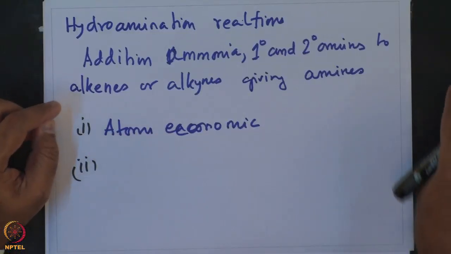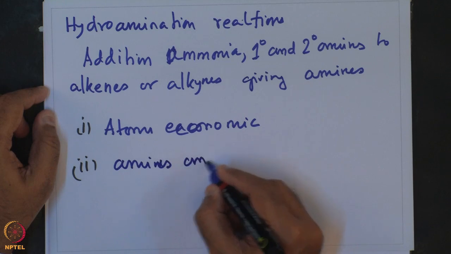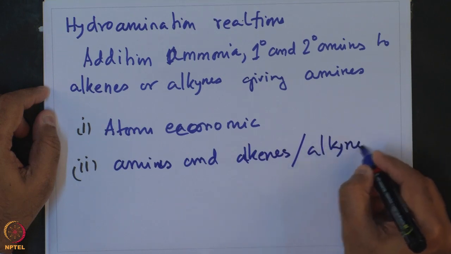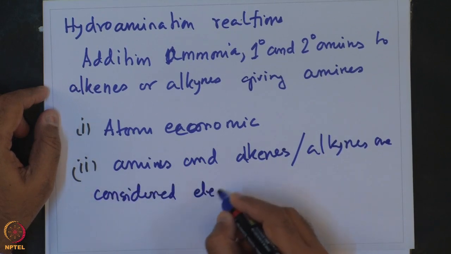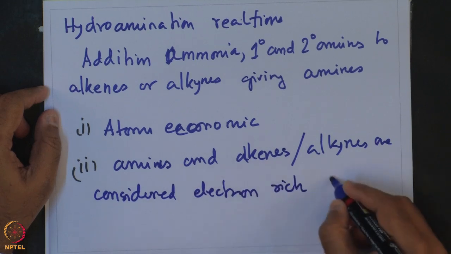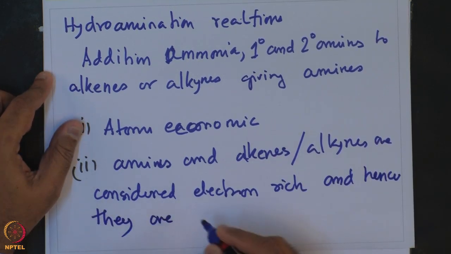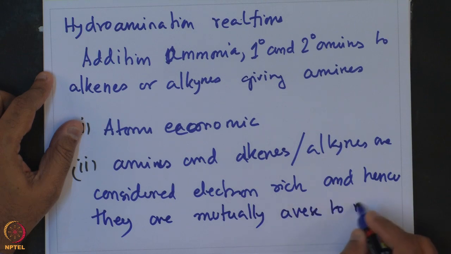As I said, these amines and alkenes or alkynes are considered electron rich, and hence they are mutually averse to react, and hence normally hydroamination reaction requires drastic conditions, or there are catalysts which have limited applicability and high cost.